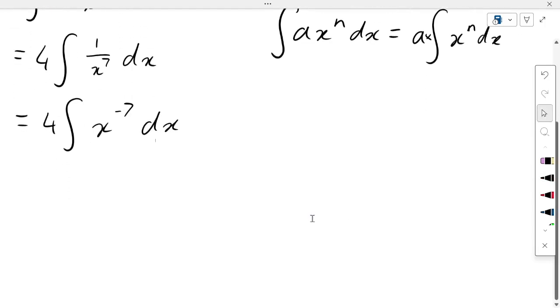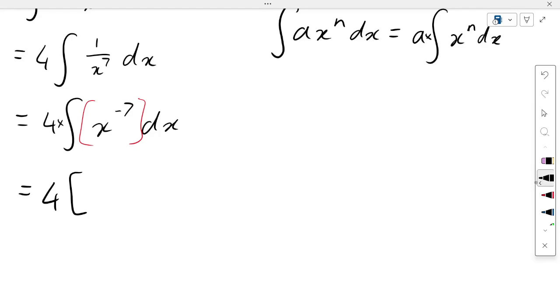Now we can integrate. We're going to say this is equal to 4. And remember what I said over here? This integral is only going to be affected with this one over here. We took the constant out, meaning it's going to be 4 multiplied by the integral. That's exactly what's going on over here.